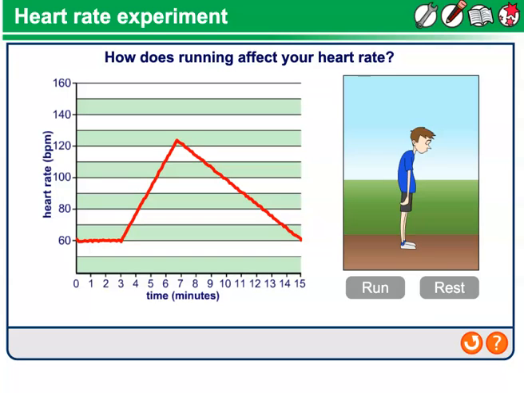Heart rate increases during exercise until a maximum value is reached. When exercise stops, heart rate begins to fall again. The value for maximum heart rate depends on the intensity of the exercise and the fitness level of the person that is exercising. Notice this individual has a resting heart rate of around 60 beats per minute. This is thought to be a very healthy resting heart rate.